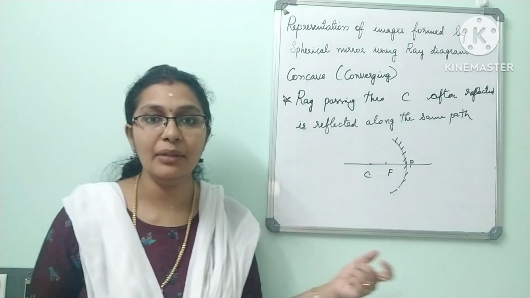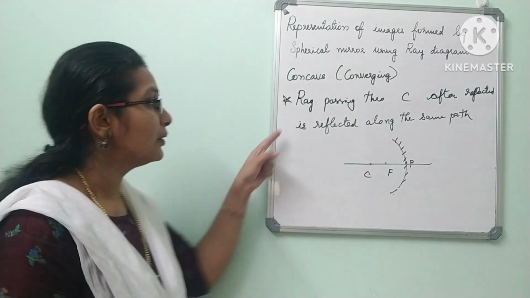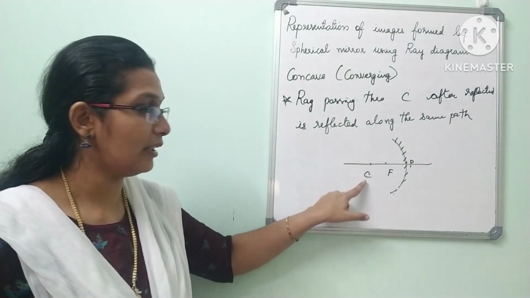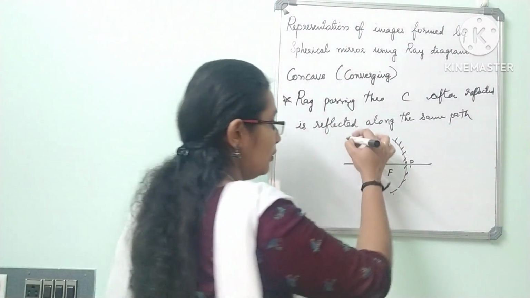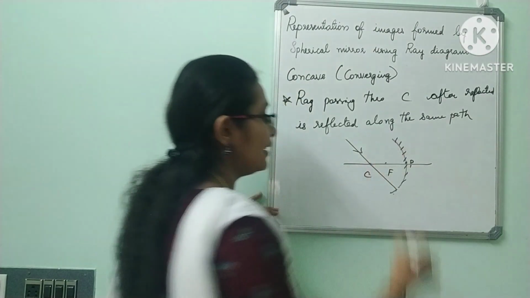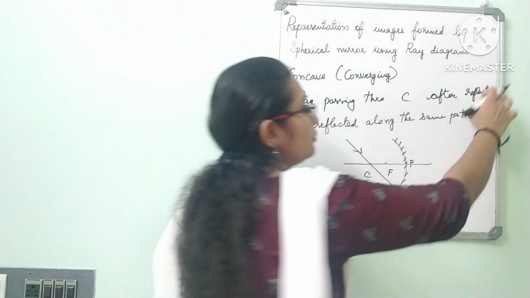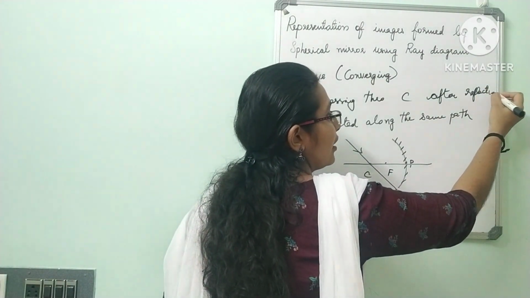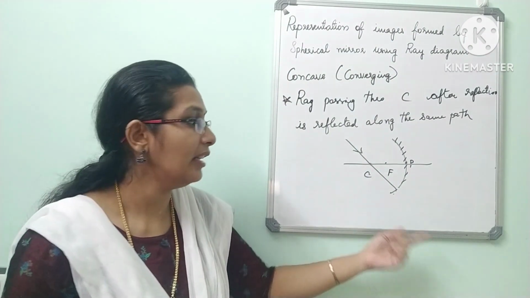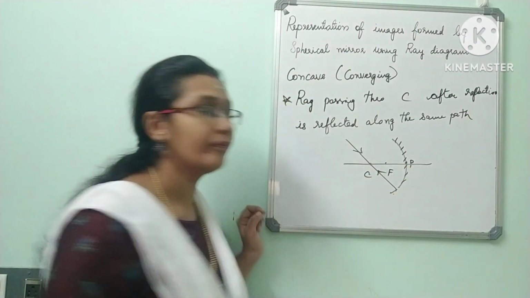So every time try to draw along with me, so you'll easily understand. Now read: a ray passing through the center of curvature. Where is my center of curvature? This one, right? So now I am going to draw a ray passing through the center of curvature. After reflection means when it touches the mirror, it is reflected along the same path.